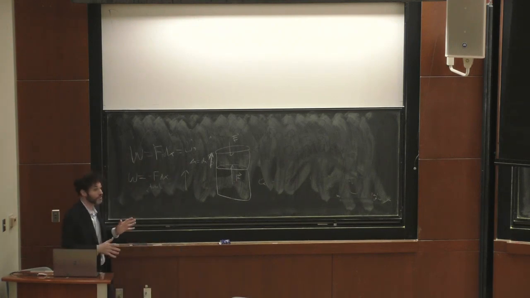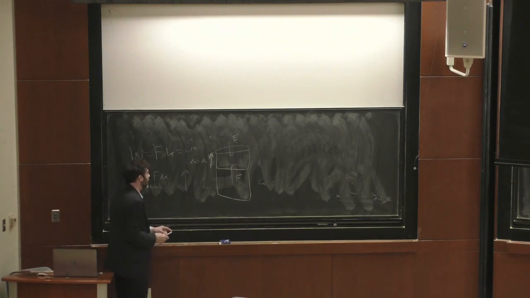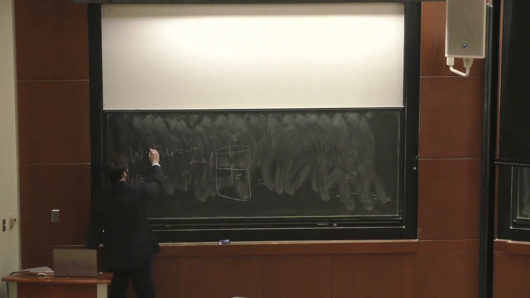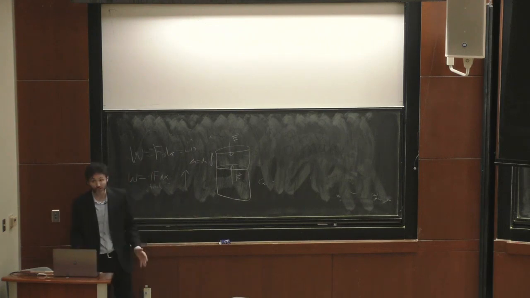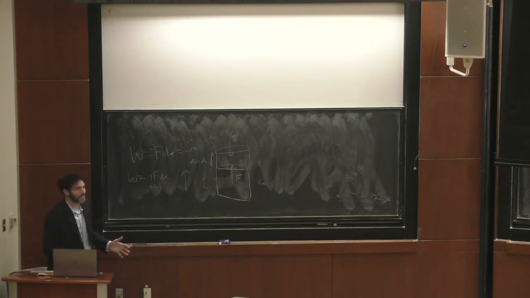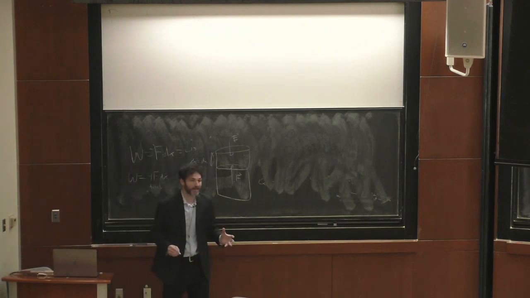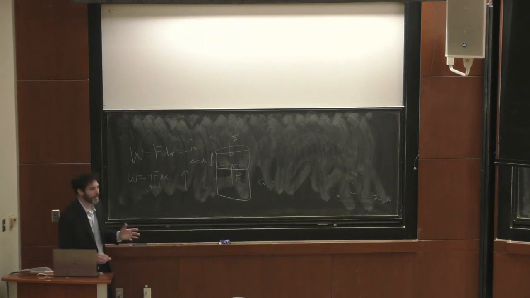But you could define it the other way. You could say, well, I'm calling it positive if dx goes this way, and then these signs change. So depending upon the convention that's used, work can be positive or negative. But for the same system, one of them's got to be positive and one of them's got to be negative. Which one you define to be positive or negative depends on the textbook.